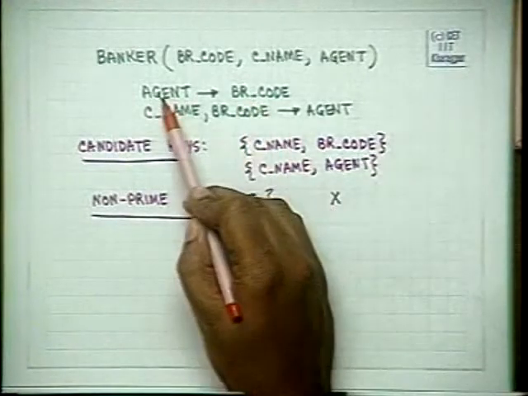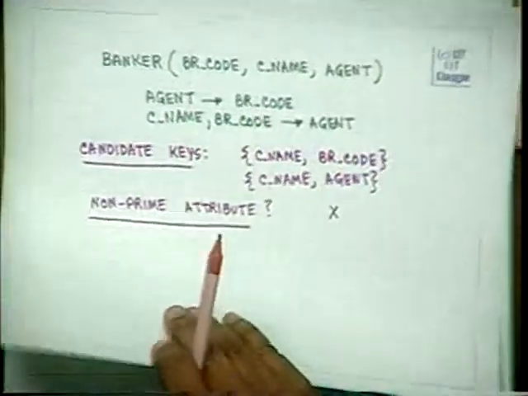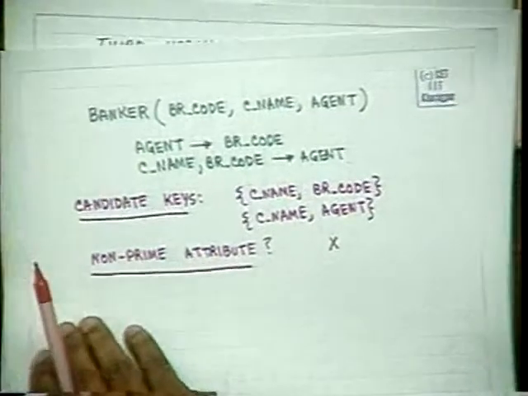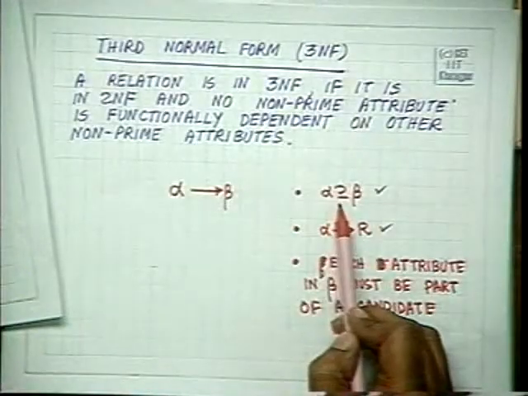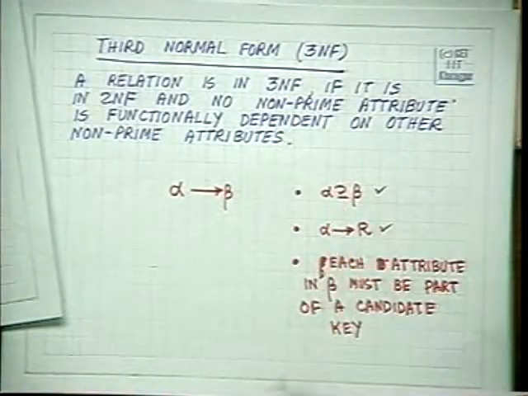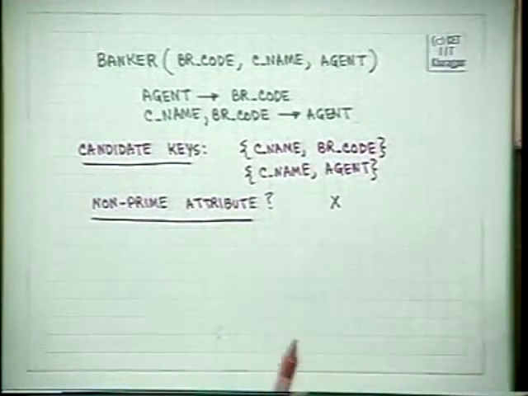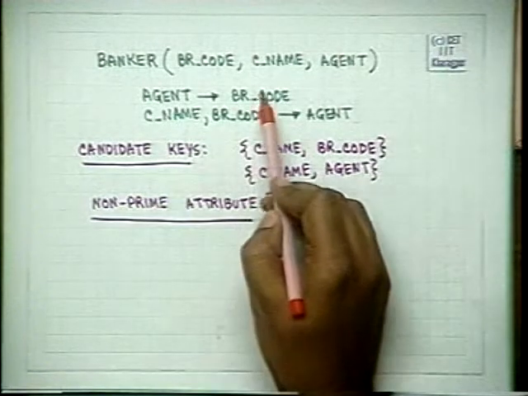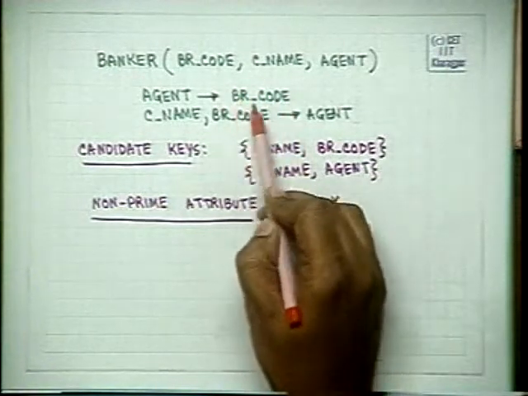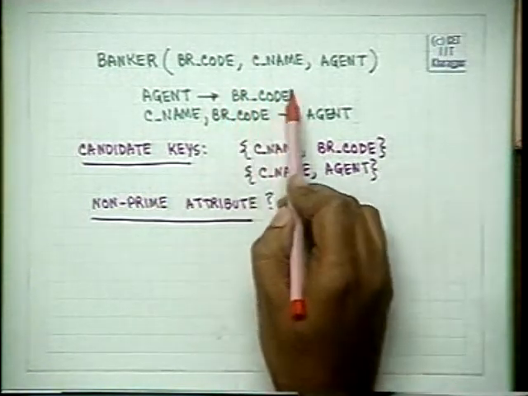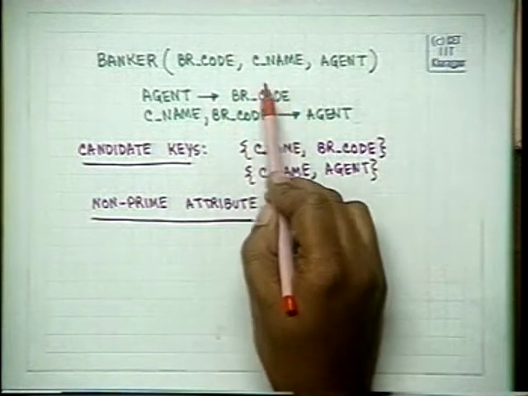But in this one, agent to branch code, it is neither a trivial dependency nor is alpha to R satisfied. And if it is in 3NF, then this one cannot be a non-prime attribute, it has to be a prime attribute.